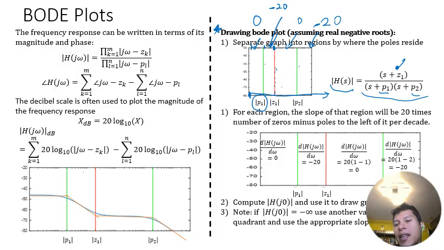We're just taking a shortcut way by saying, when we're in this region, there are no zeros or poles, so I'm just going to approximate this as a constant. As soon as omega becomes bigger than any pole, then we have to modify our expression and so on. And each time we cross a pole, we have to change our approximation.